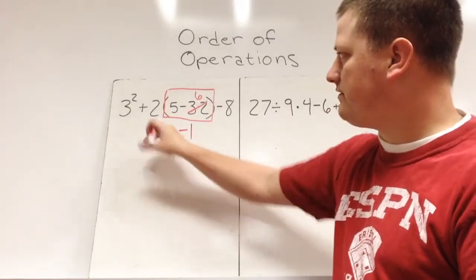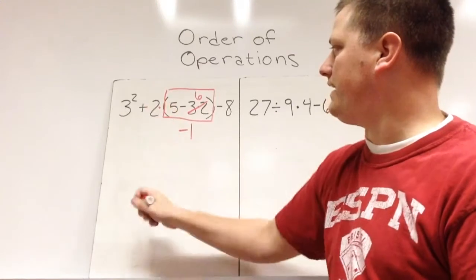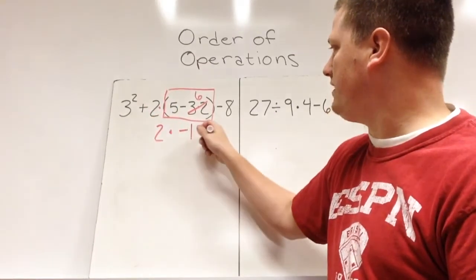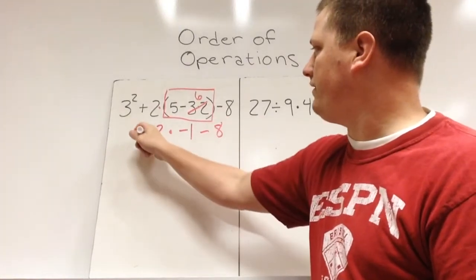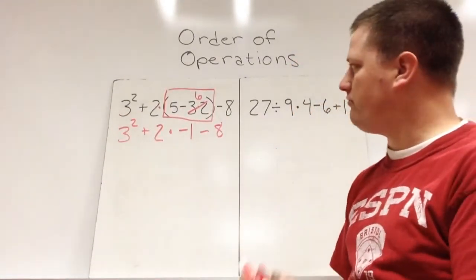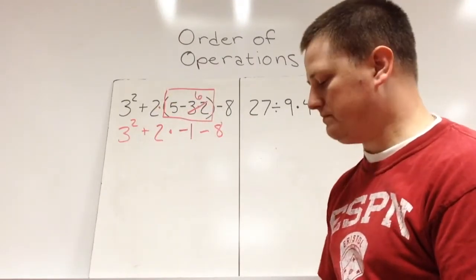Now the parentheses is gone, but there wasn't a sign in between here, so that means that this is multiplication. So I'm going to bring down a multiplication sign and bring down all the numbers around the -1, because that -1 has taken the place of 5 minus 3 times 2.